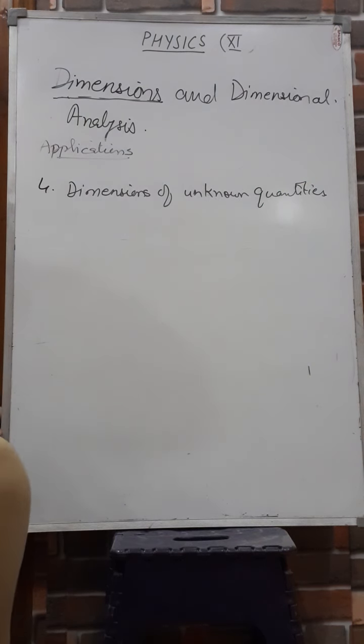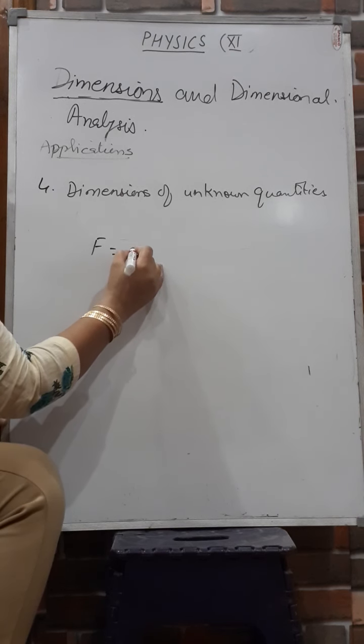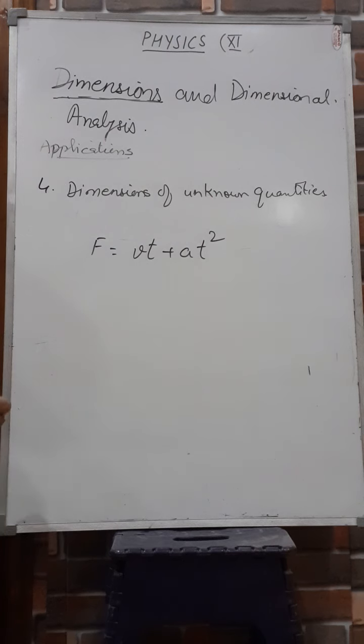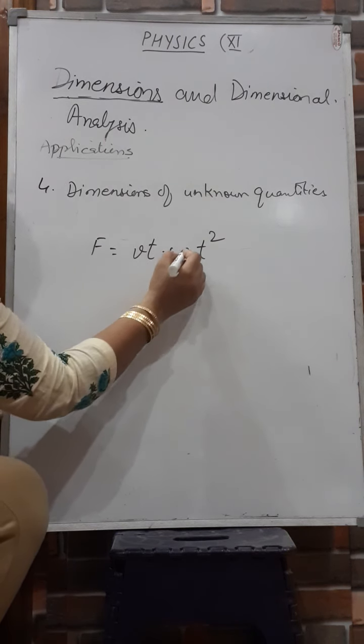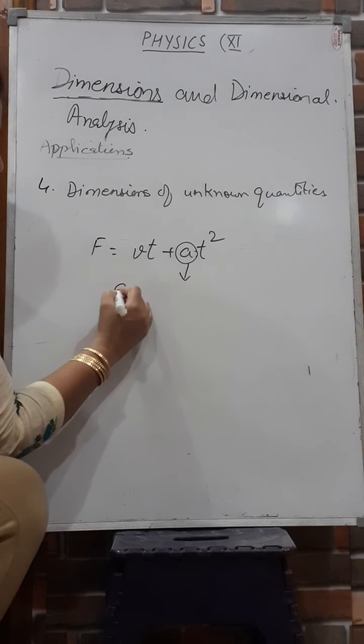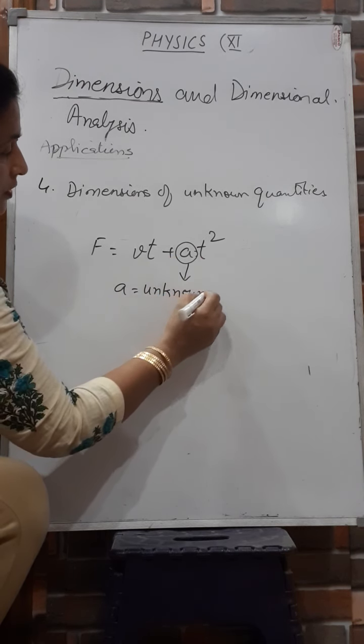For example, force is equal to Vt plus At squared. So let's say A is an unknown quantity. We have to find out the dimension.